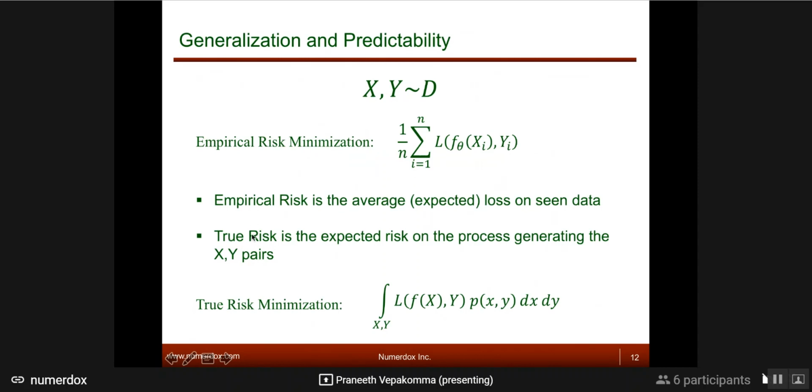So what we are really looking for is minimizing the true risk. What is true risk? True risk is the expected value, the expected risk, on the process generating the XY pairs. The process means the distribution generating them. So, like a joint distribution, every possibility of X and Y has a probability, right? That is P of XY. This is the joint distribution. This is the D. So you want to minimize this. This is an integral.